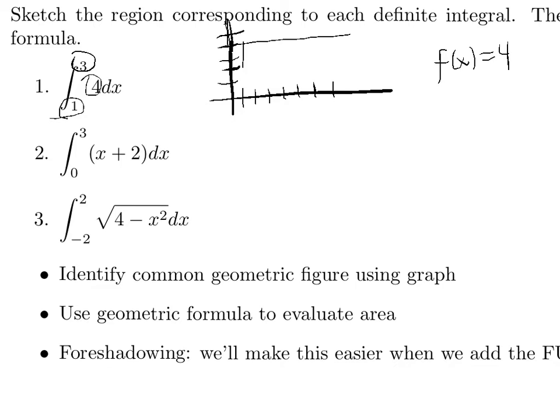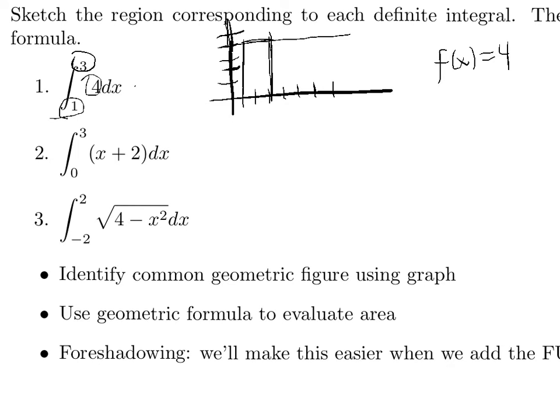So 1, 2, 3. We just said the integral means area when the function is continuous and non-negative. Is it continuous and non-negative from 1 to 3? Is it positive? Yes. Then this integral means area.